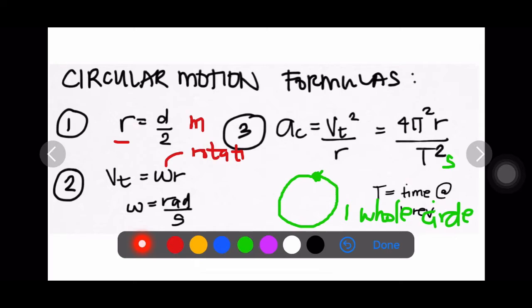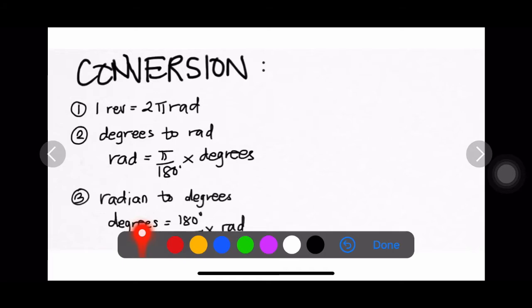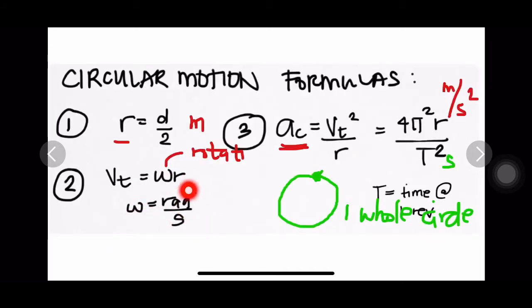The standard unit for the centripetal acceleration is meters per second squared.